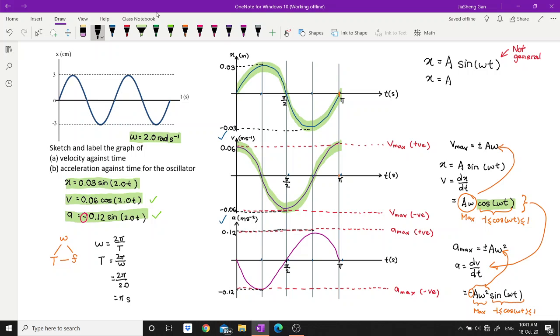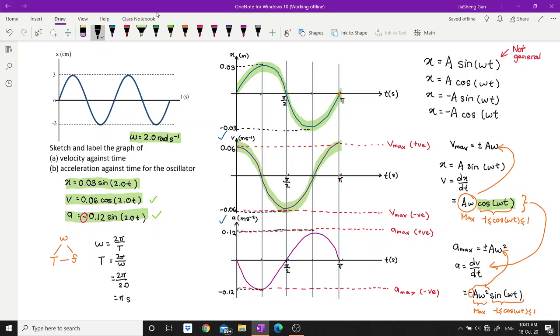Let's say you can have a cosine omega t. This is also an equation of motion. You can have x equals to, say, negative a sine omega t, also an option. x can be equal to negative a cosine omega t.